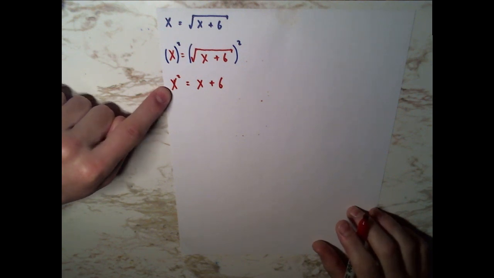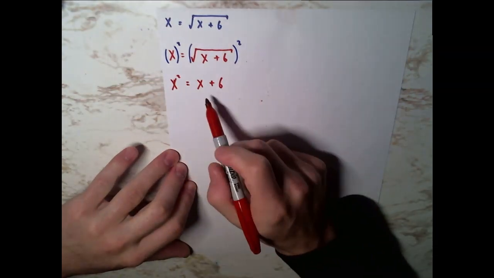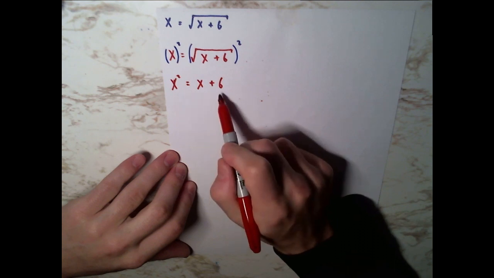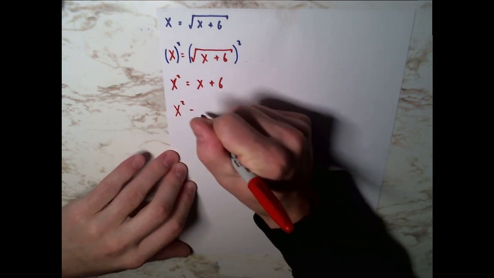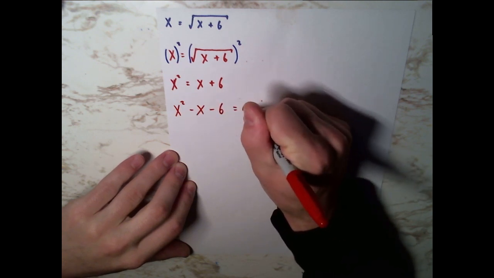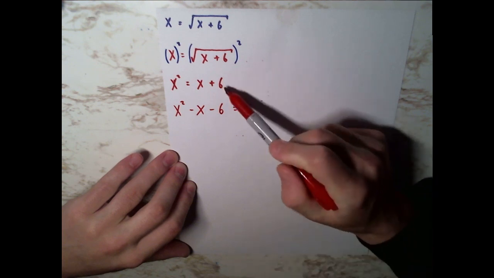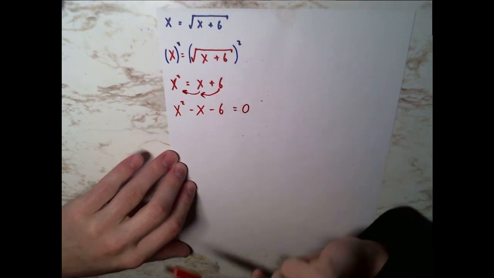So we just have to solve this like it's a normal quadratic equation. So if I subtract x and subtract 6, I'm going to end up with x squared minus x minus 6 equals 0. So here what I did was I just moved both of these terms over to the other side.